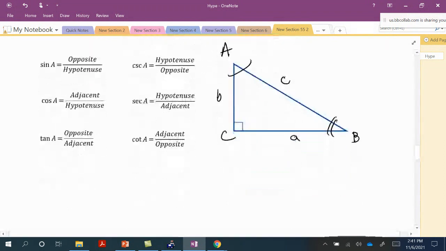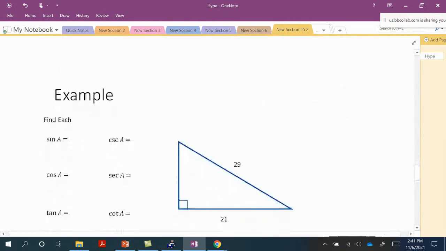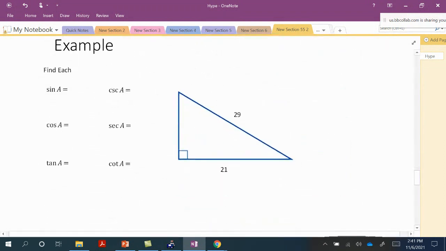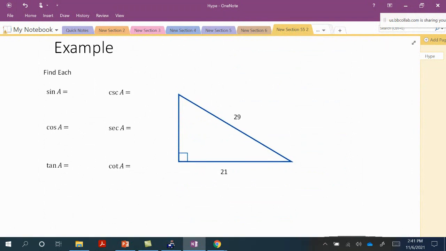So let's take a look at an example. Okay, in this example, we're asked to find the 6 trig functions for our triangle. But our triangle is missing a couple of items. The first item is that it's missing its angle notations.